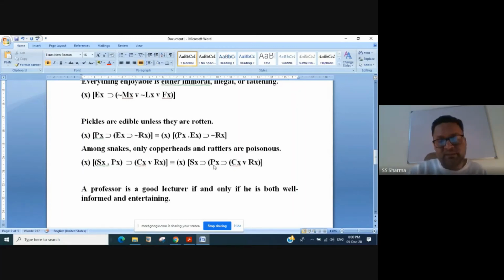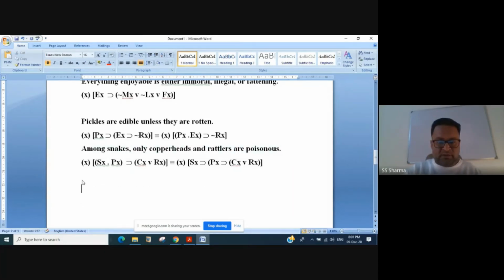So this is going to be the symbolization. You can see that both of these expressions are just using the exportation, right? So we can understand the symbolization. Now if the question would have been, among snakes, like suppose if I copy this question and I put it up here like this.